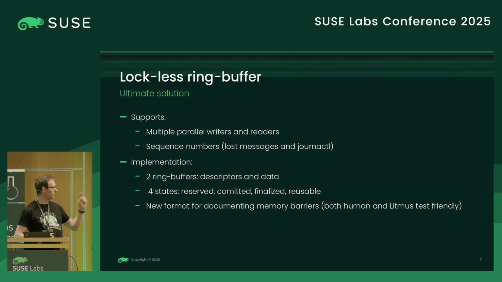And the third state was finalized, used for a string that ended with a newline, which didn't make sense to extend, or for all the messages that were not the last one. Only these finalized messages were available for readers to see. And of course, also the reusable state. It was used for the records that were freed when the buffer was full, and we needed to make space for the newer messages and release the last ones.